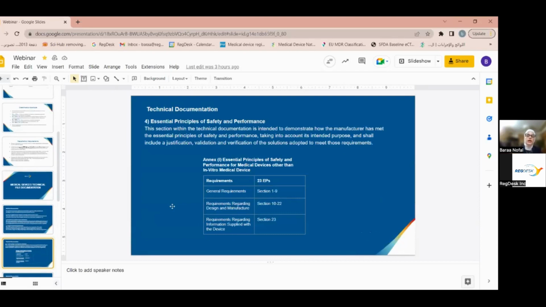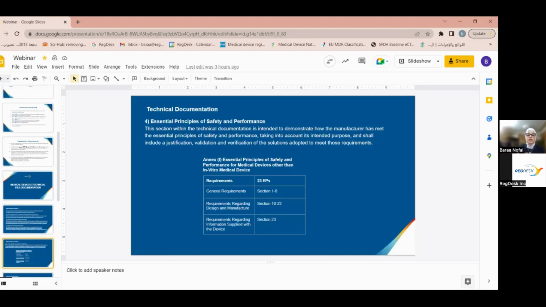The fourth point is the essential principles of safety and performance, which I already mentioned. It's similar to GSPR, but it has a lot of additional things, not only the risk and other points.